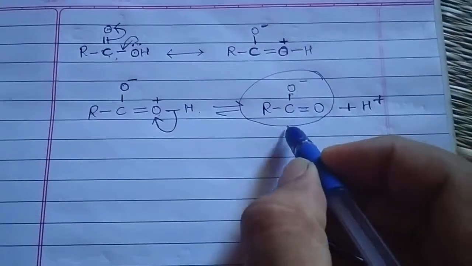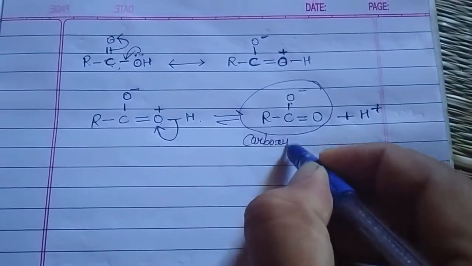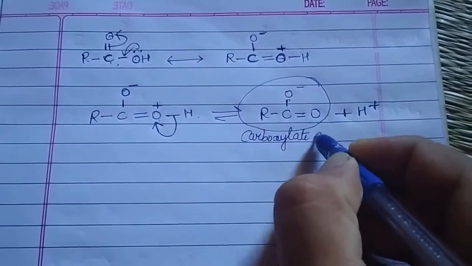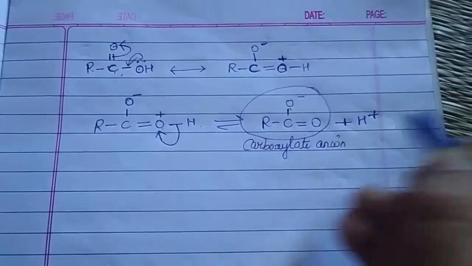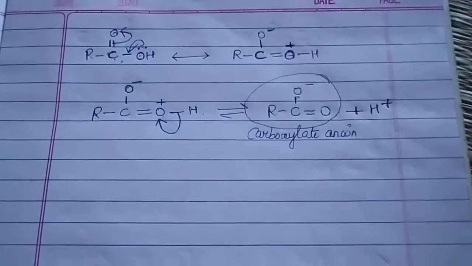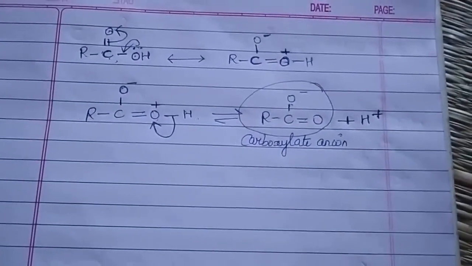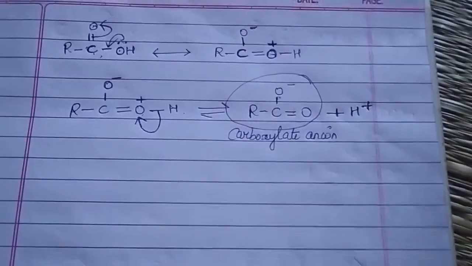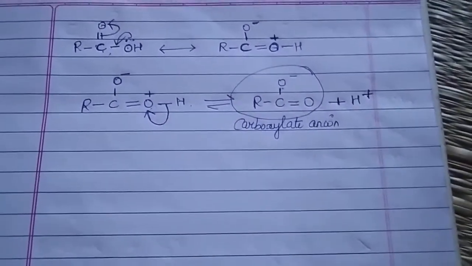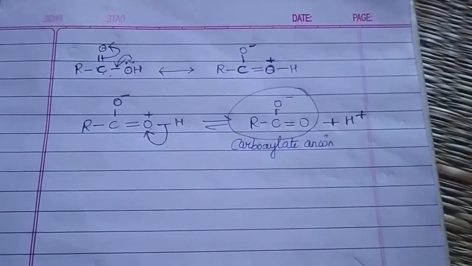So basically this is called your carboxylate anion. Why am I putting significance on this? Remember guys, many times I have said it: if a molecule or a compound is changing itself into something else, that means it is moving to a condition where it can remain stable.